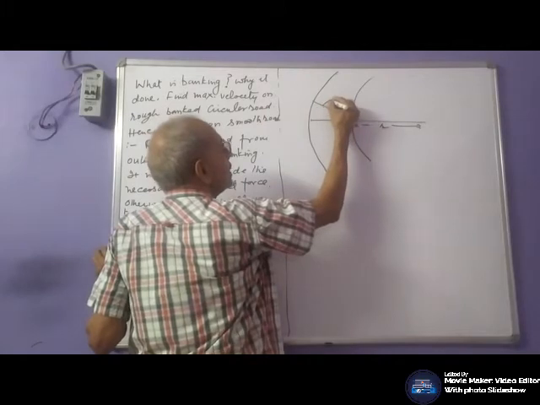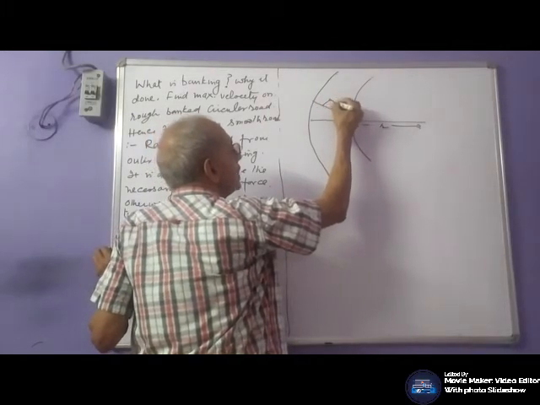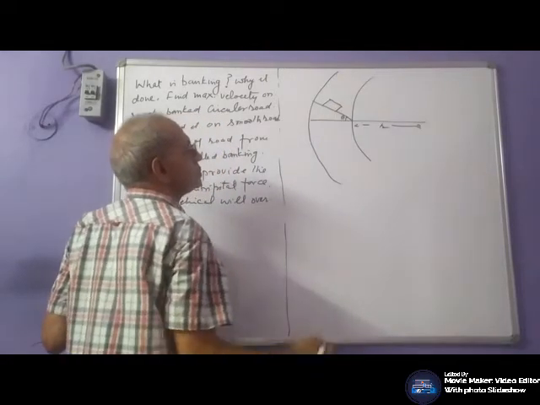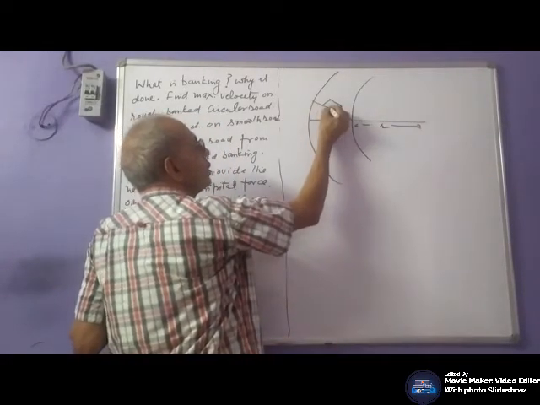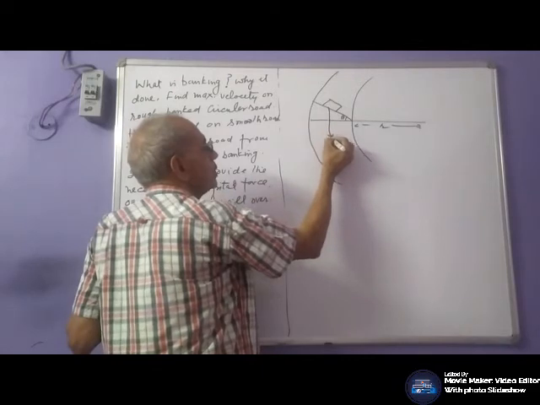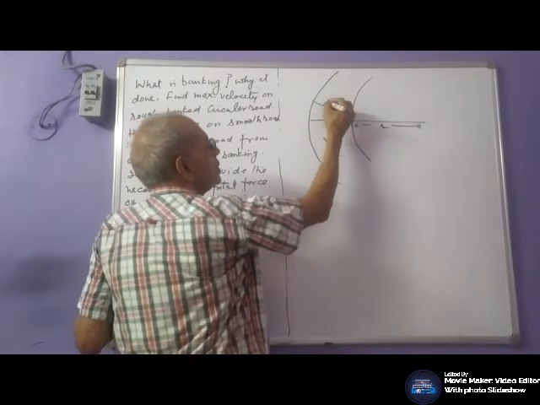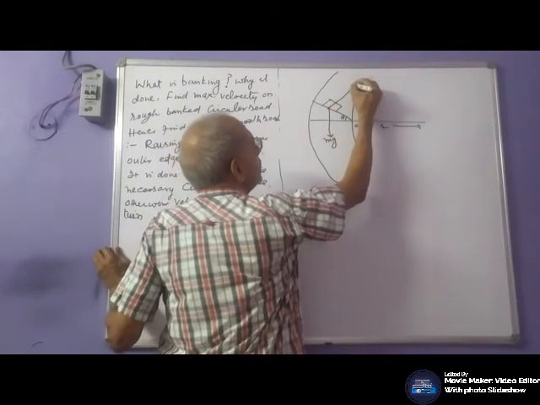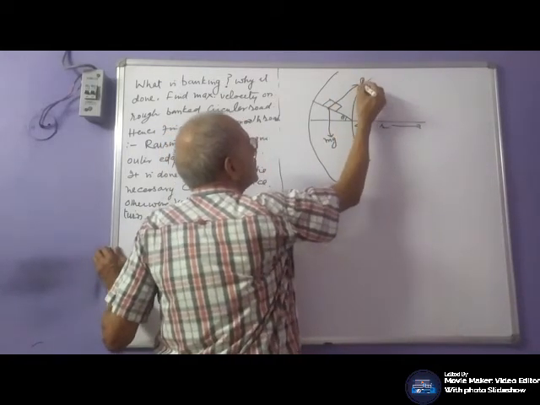This is the vehicle. This is the front of the vehicle. Weight always acts perpendicular to the ground. Normal reaction is always perpendicular to surfaces in contact.